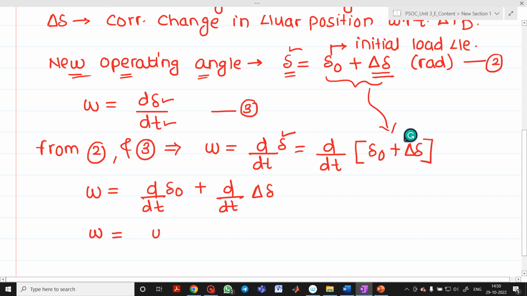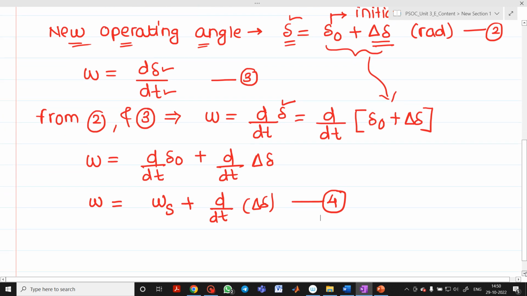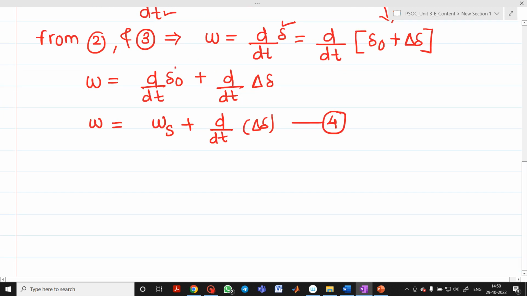Omega will be equal to omega s plus d by dt of delta delta. Take this as equation number 4. So you'll ask me, sir, why here we have written d delta 0 upon dt equal to omega s? Because this is your initial load angle. And what is the speed at the initial operating condition?